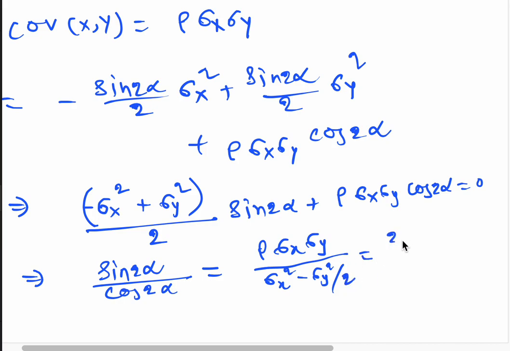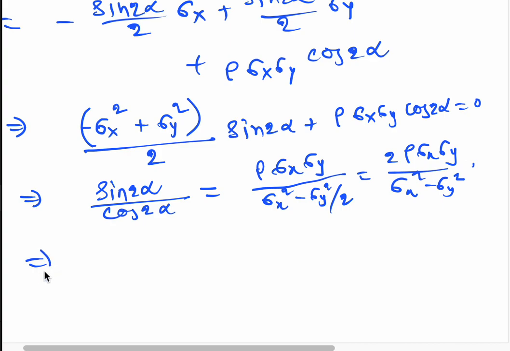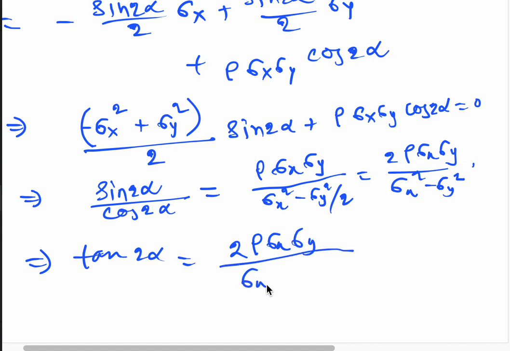So that is 2 rho sigma x sigma y over (sigma x square minus sigma y square). So tan 2 alpha equals 2 rho sigma x sigma y by sigma x square minus sigma y square. So that is the answer.